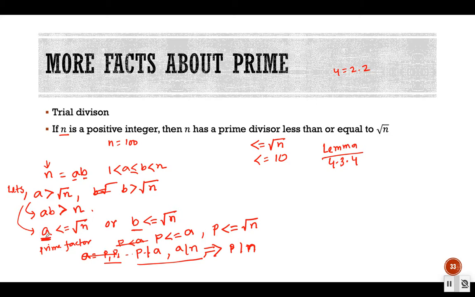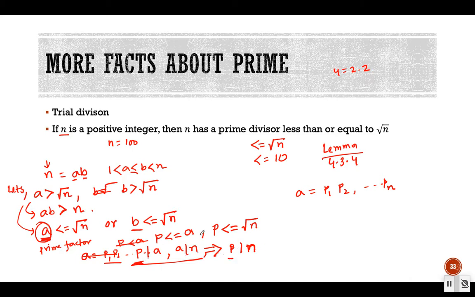Now, based on the prime number rule, each number can be represented as a multiplication of prime numbers. So let's assume any number a or b has at least one prime divisor. Let the prime divisor be p. p divides a and a divides n, so that means p divides n.